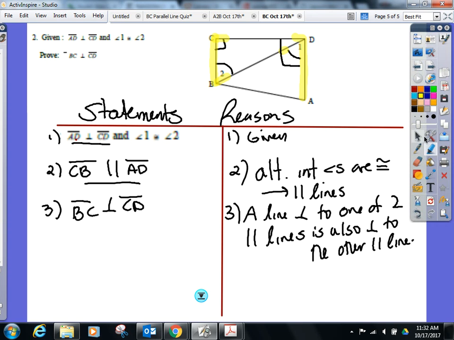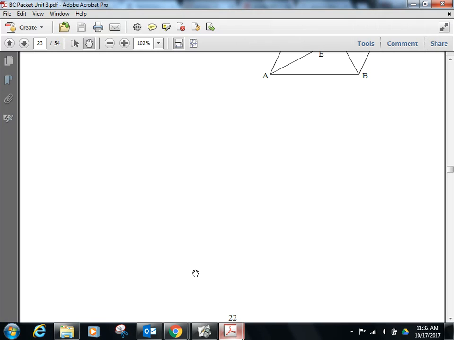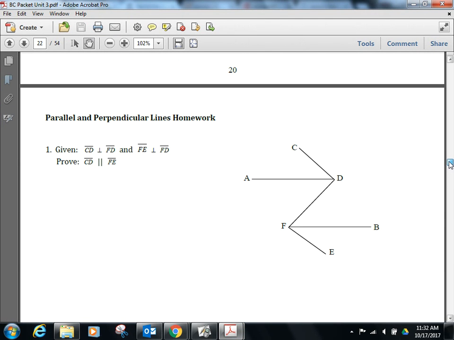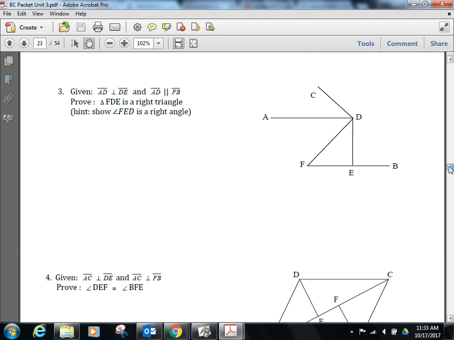Before you get going on the homework, let me help you out real quick. Please go to number 3 on your homework. I'm asking you to prove FDE is a right triangle, and that's something different for us. We've never seen that in the proof statement before, which is fine.